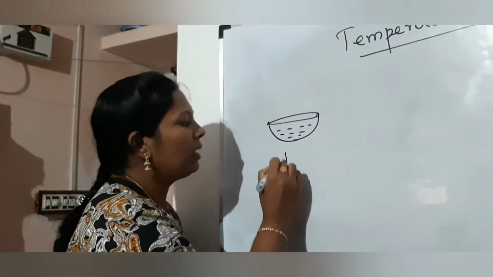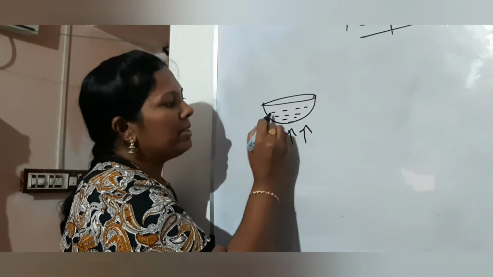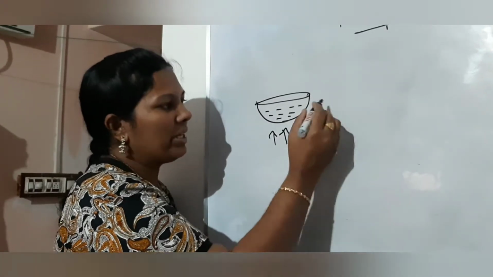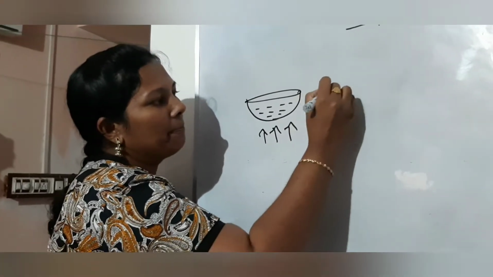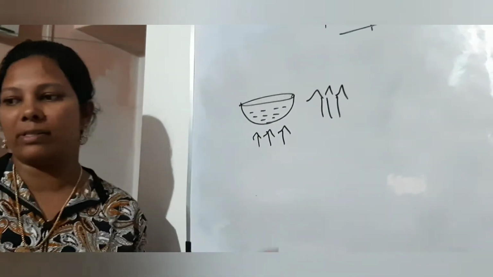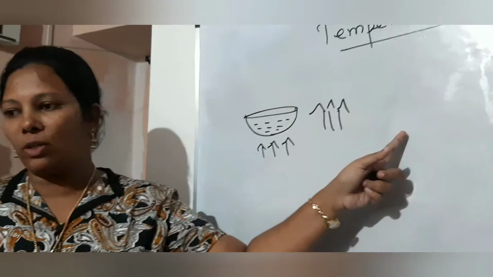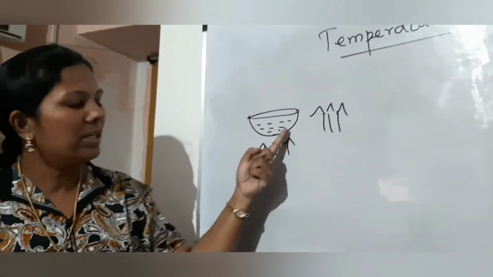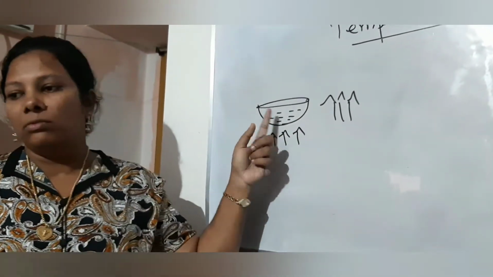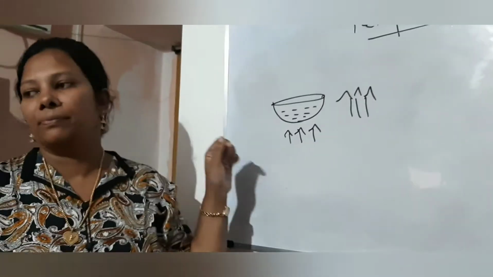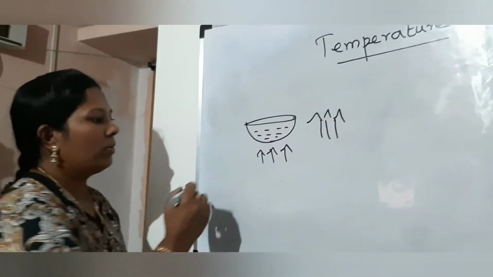If you heat something, automatically the kinetic energy of the particles increases and automatically the temperature increases. So we can define temperature as a measure of the average kinetic energy of the particles in a system.